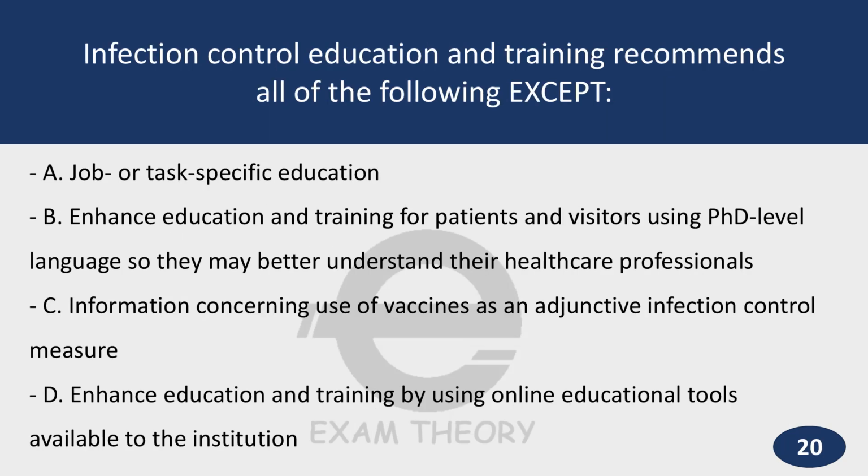Infection control education and training recommends all of the following except: A. Job or task-specific education. B. Enhance education and training for patients and visitors using PhD level language so they may better understand their healthcare professionals. C. Information concerning use of vaccines as an adjunctive infection control measure.